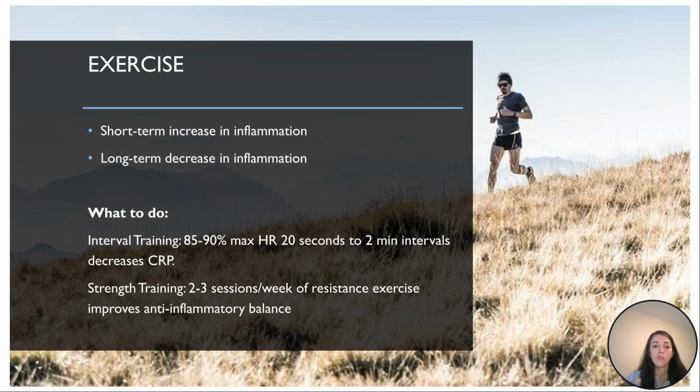They did some on interval training, which is where you go 85 to 90% of your max heart rate, for example, for 20 seconds, and then go down for 2 minutes, alternating in quick bursts of activity. And then strength training, 2 to 3 sessions a week of resistance exercise has been shown to reduce inflammation as well.